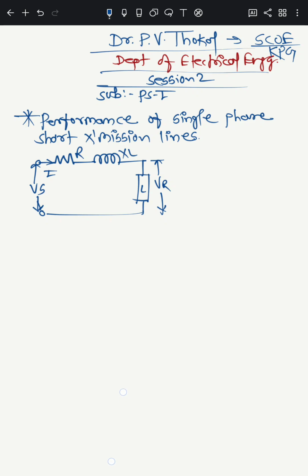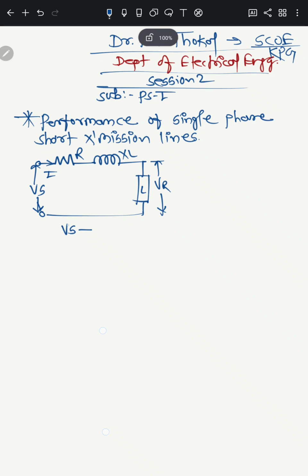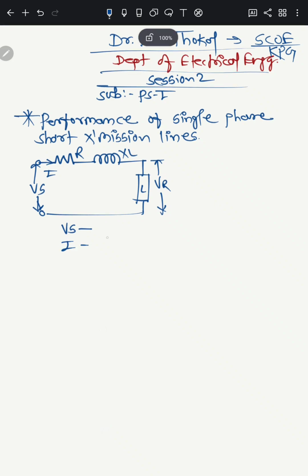In this case we can see that there is resistance and inductor. We have considered the inductive reactance of the transmission line and load L. From the diagram we have various parameters like sending end voltage Vs, and load current I.